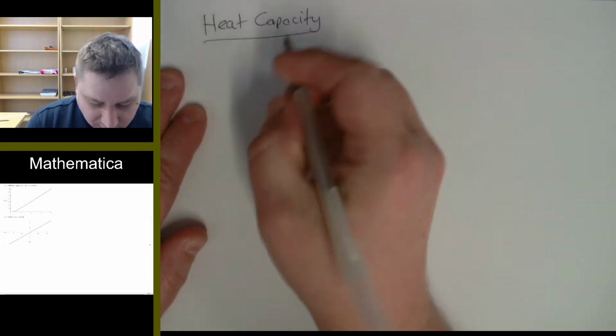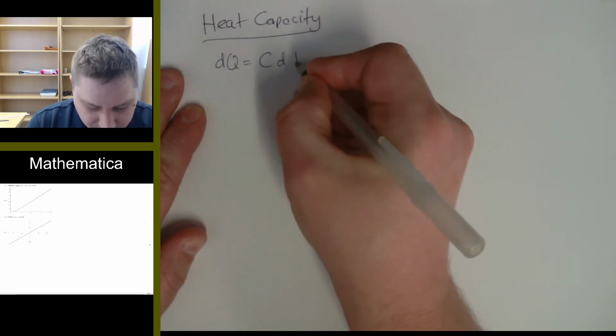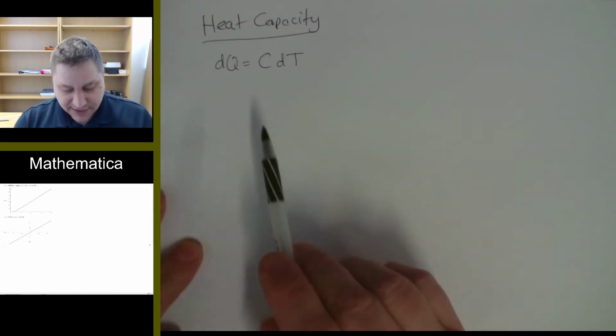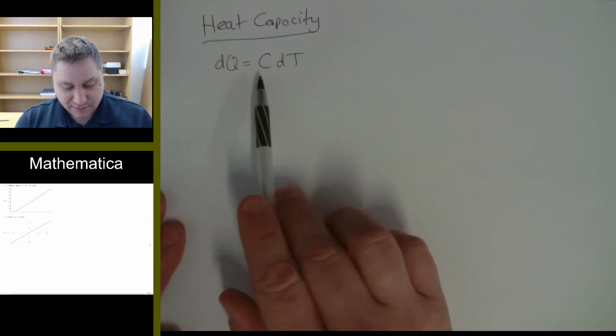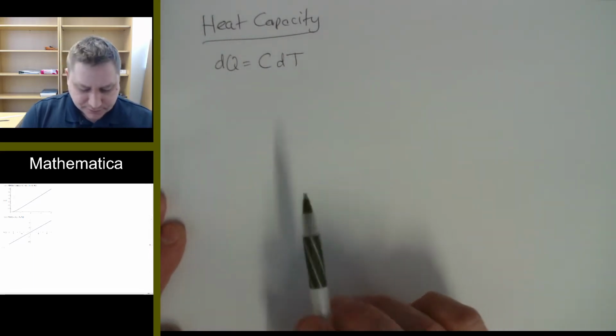Okay, so our original definition of heat capacity in Chapter 1 was that during an isobaric or an isochoric process, we could relate the amount of heat added to the temperature change.